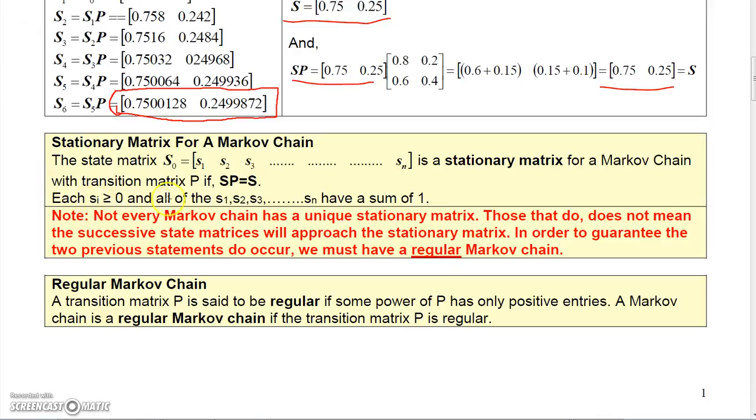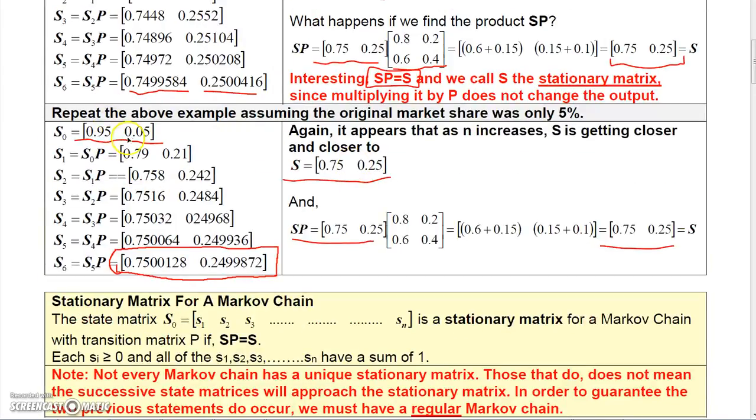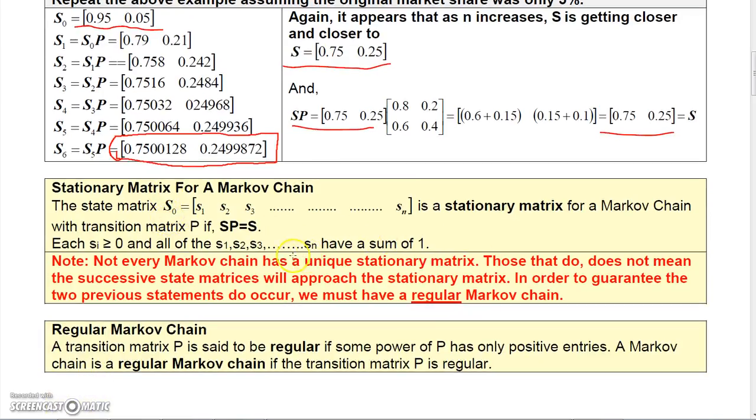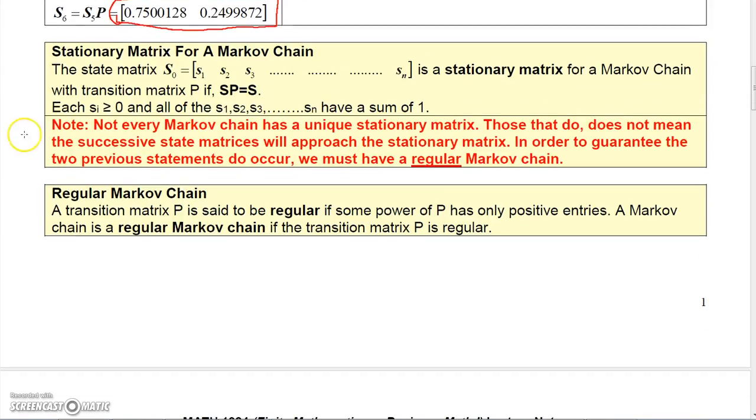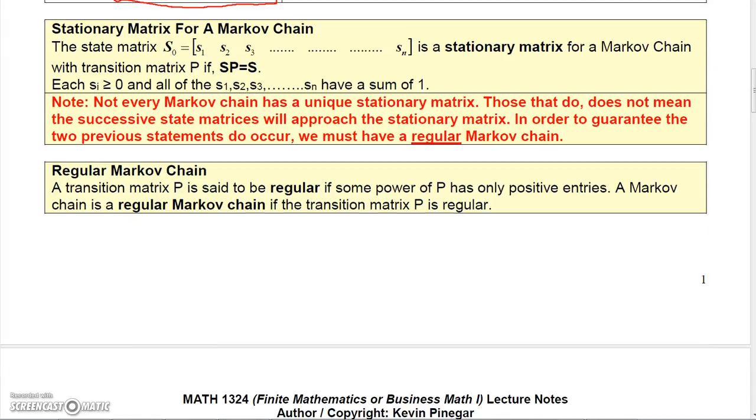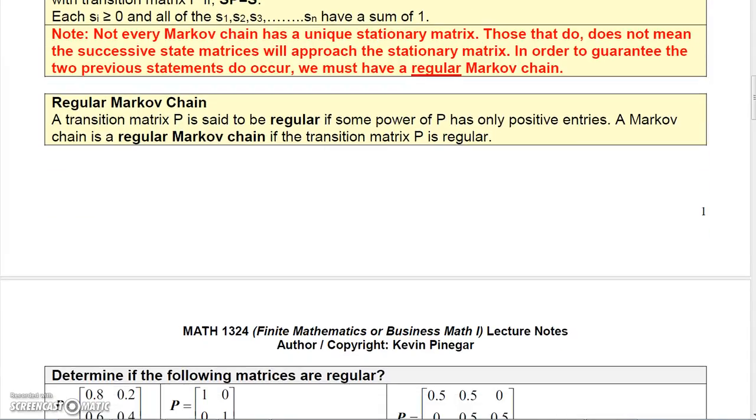If you have a state matrix S0 and then S1, S2, S3 and so forth, it's a stationary matrix for a Markov chain if when you take S and multiply it by P you get S. So this matrix right here is actually a stationary matrix, because when you multiply it by the transition matrix you actually get the same matrix S. And now not every Markov chain has a unique stationary matrix, so we need to be aware of that.